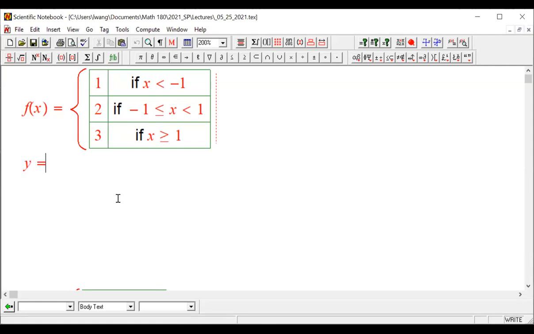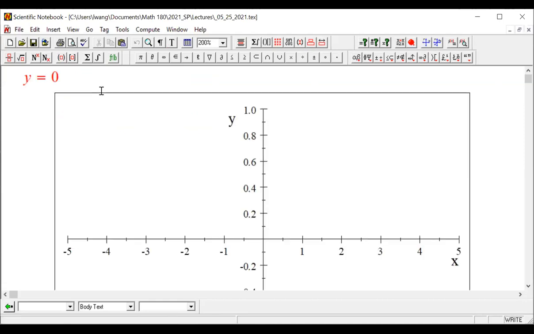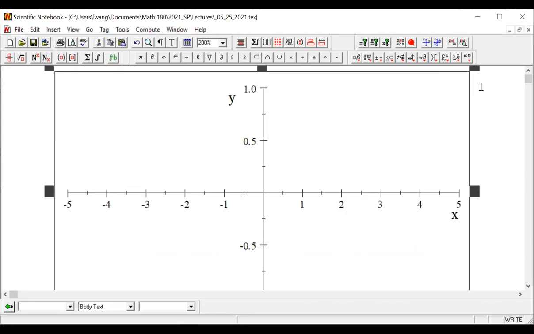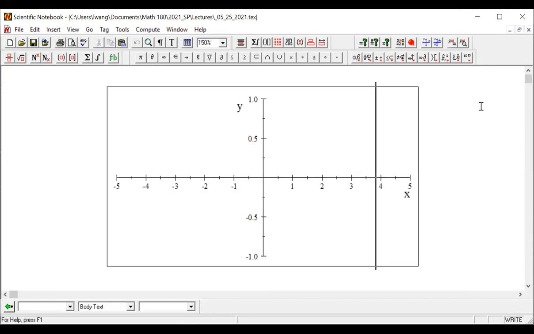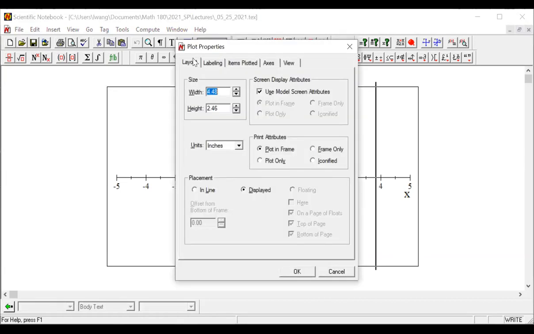Please, you guys set up the rectangular system. There are three intervals. What are the three intervals?